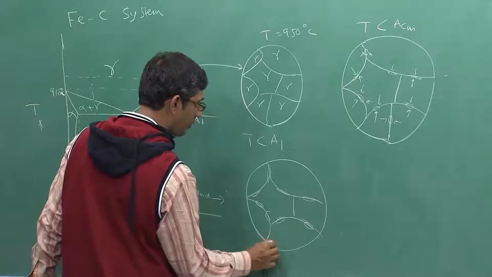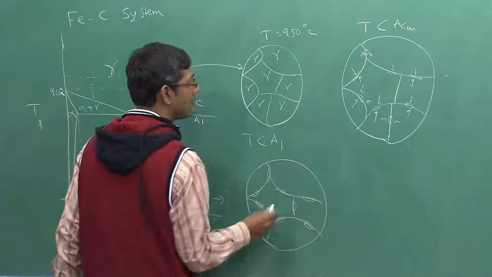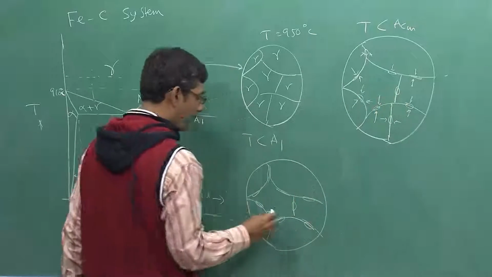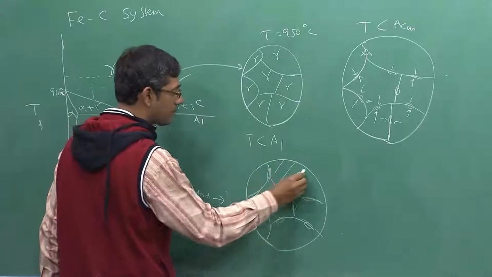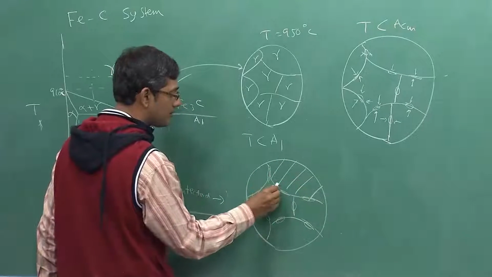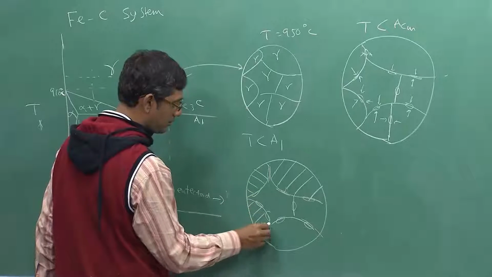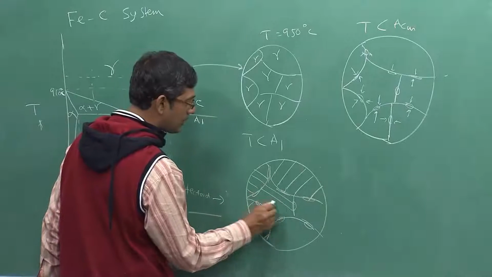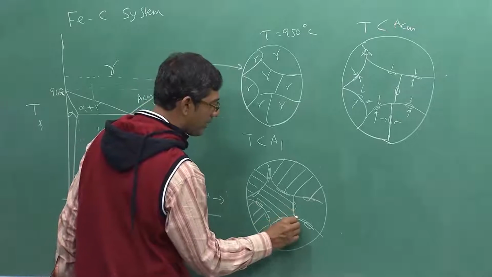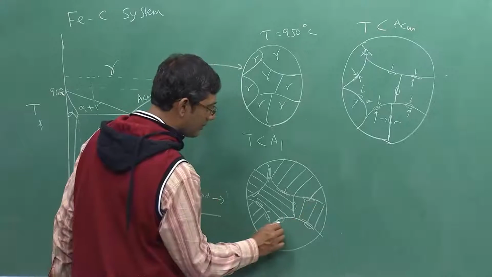It is very small, okay. And these grains will then transform into perlite. So, that is the microstructure you will get for the hypereutectoid steel.